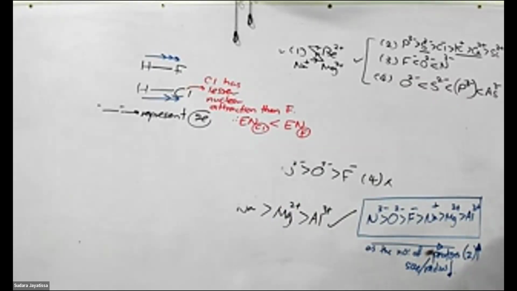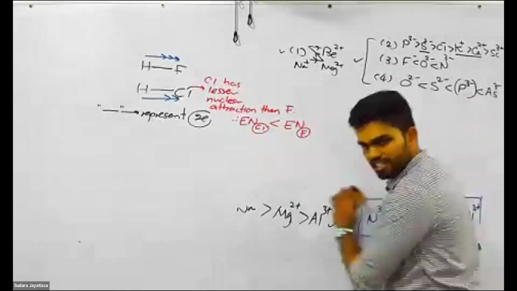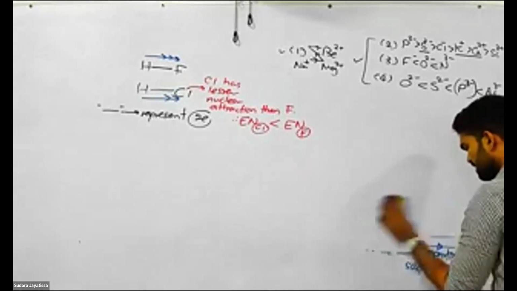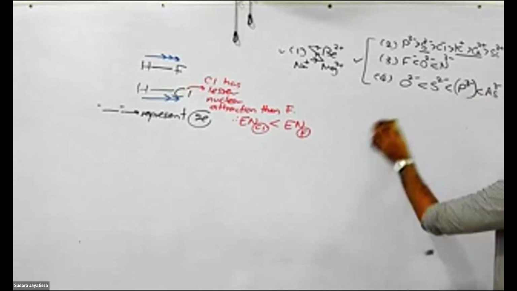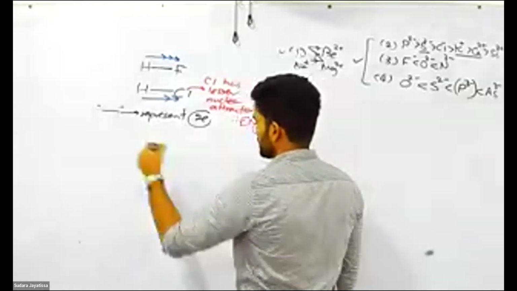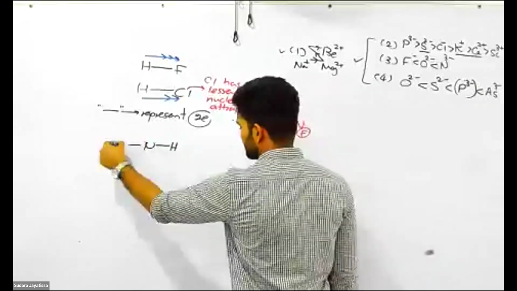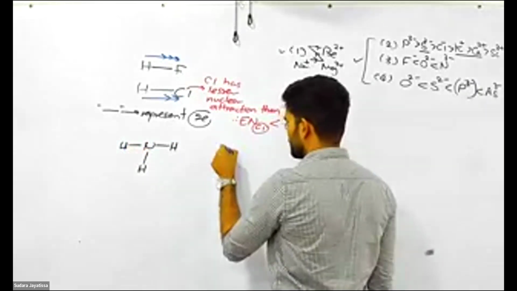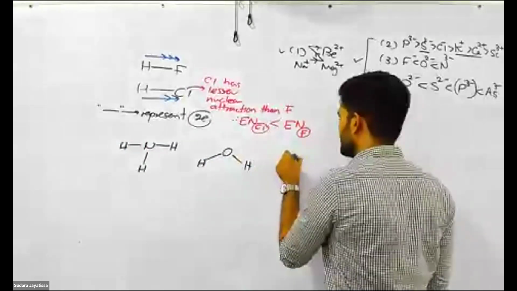So across the period, what is happening? Nuclear attraction increases, and with that, electronegativity also increases. Consider NH3, water, and HF.